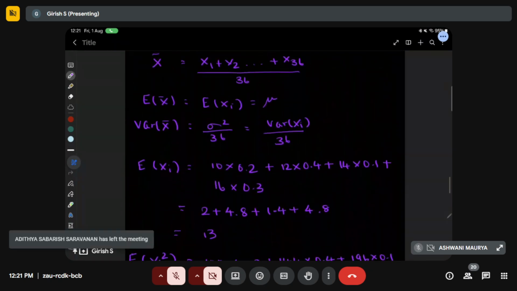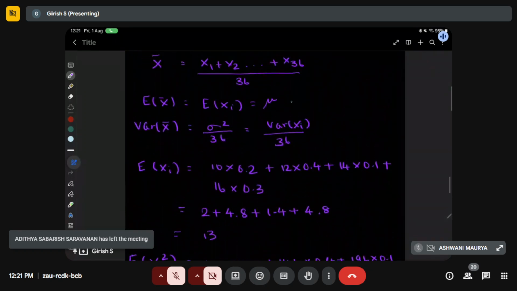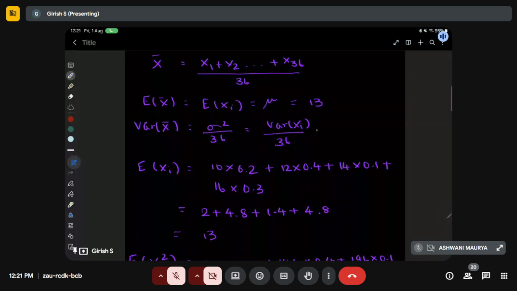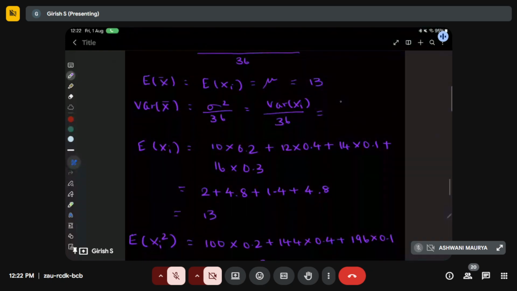Now just substituting this back here. So mu we have identified to be 13, and variance of xi is 5, and this becomes 5 by 36.